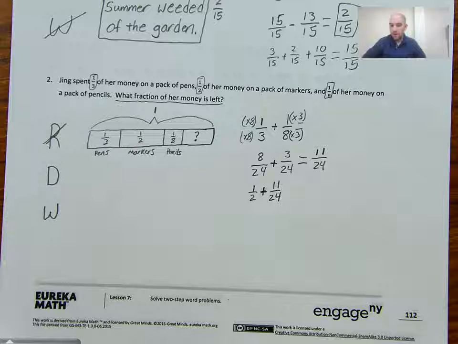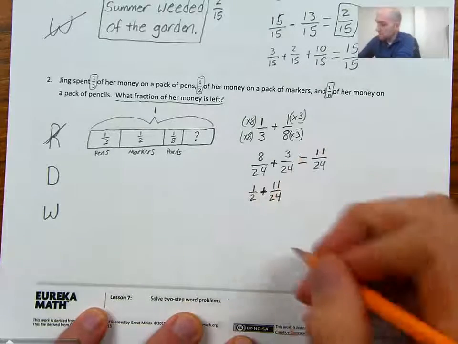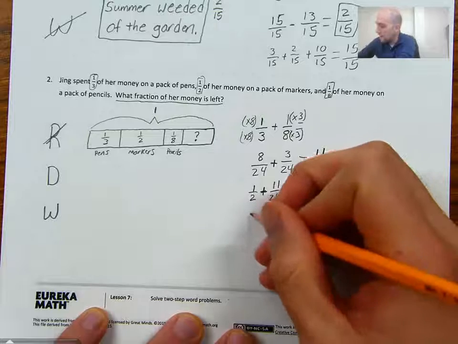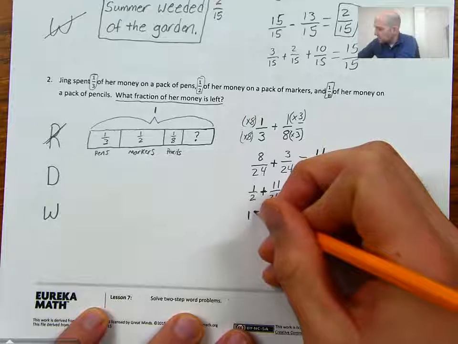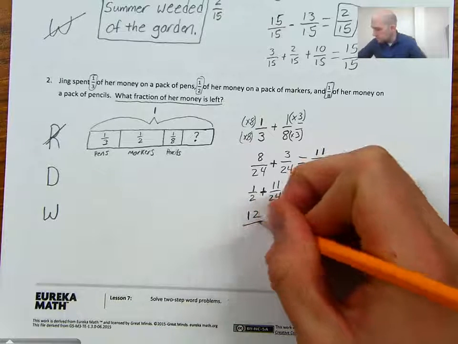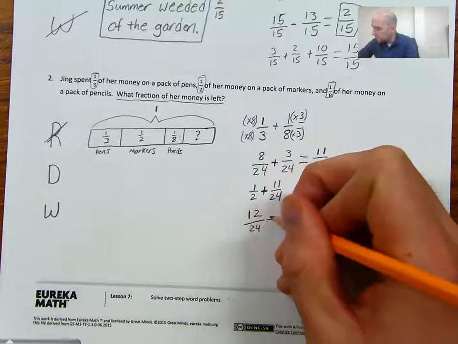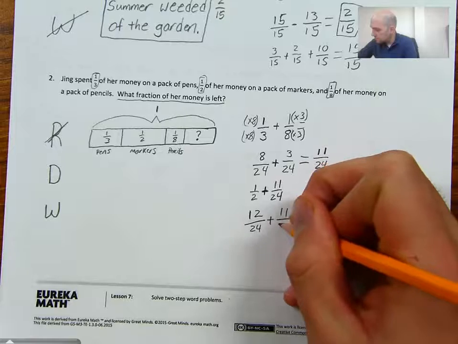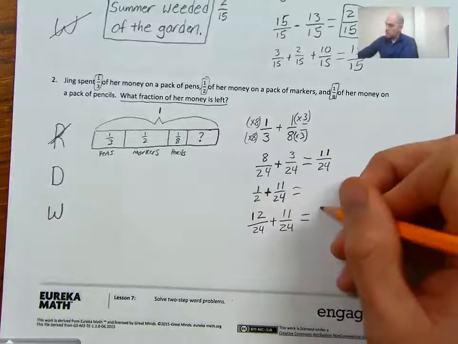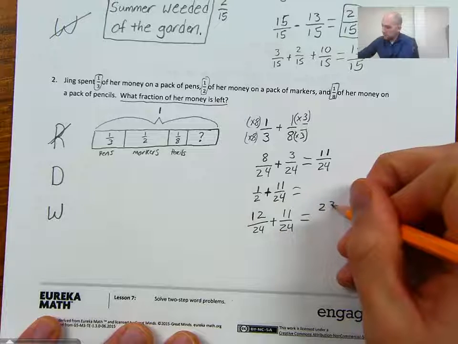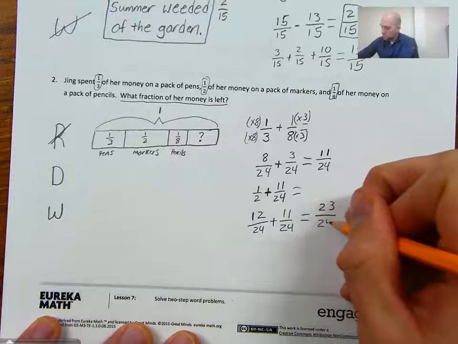Halves are easy to figure out in that way. Your denominator divided by 2 will be your numerator, and then you have a fraction that's equivalent to 1/2. So I have 12 24ths plus 11 24ths, and I'm going to get 23 24ths.